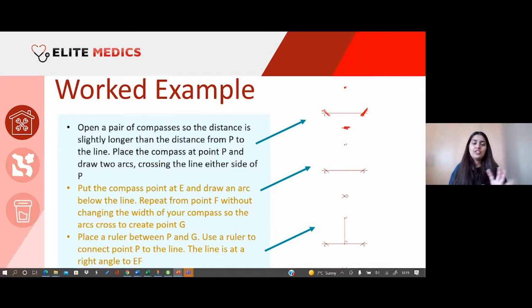Okay, so I'm just going to give you about maybe 20 seconds to have a go at that yourself. And just remember, once you're done constructing these points, don't change the width of your compass. Don't close it or anything. Keep the same width. Don't move it.